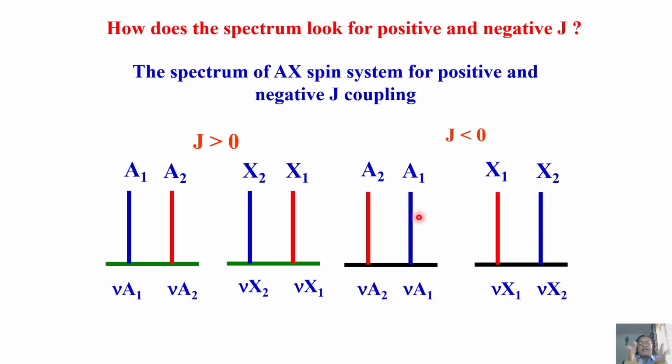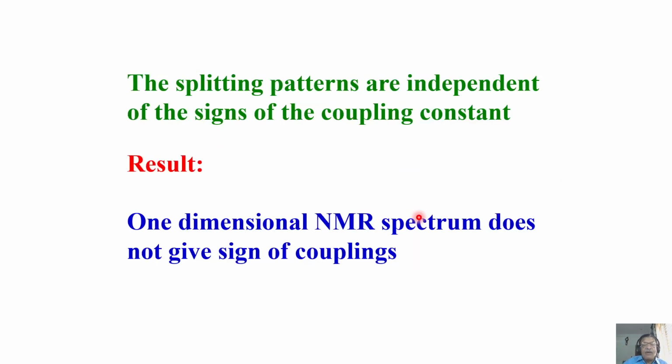A transition gets interchanged between the coupled spins, but you will not find any change in the appearance of the spectrum apart from that. As a consequence, the spectrum is invariant with respect to the change of sign. If the coupling is either positive or negative, from the one-dimensional spectrum it is not possible for you to find out.